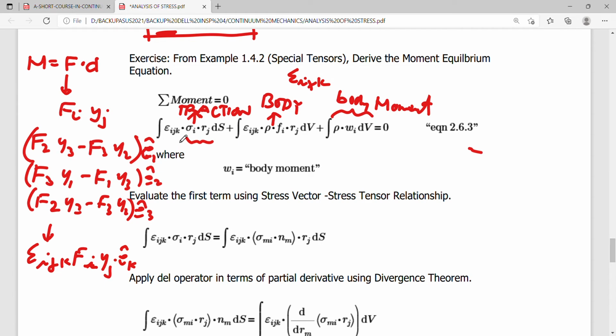It's a simple epsilon ijk, F becomes sigma, Y becomes R, and the epsilon ek direction was simply ignored because this is a more compact expression, but there is an implication that these are directed at the direction k, since this is an epsilon ijk.